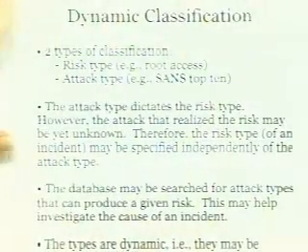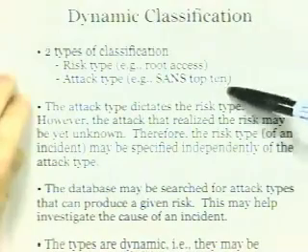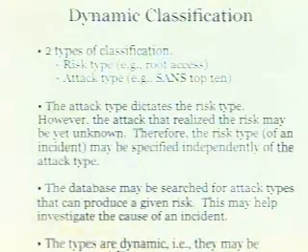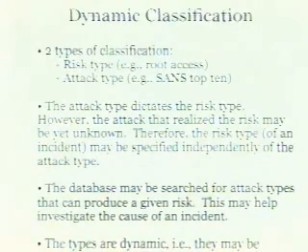The way I went about it is that I made two levels of classification. There's a risk type, that is what can happen as a consequence of the incident, and then the attack type, which would be, for example, one of the SANS top 10.